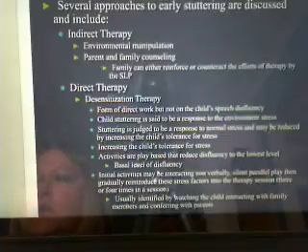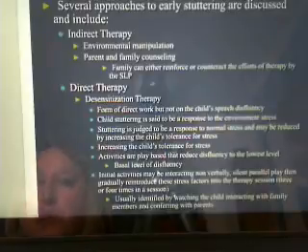So this slide talks about some more approaches for young children for stuttering therapy.